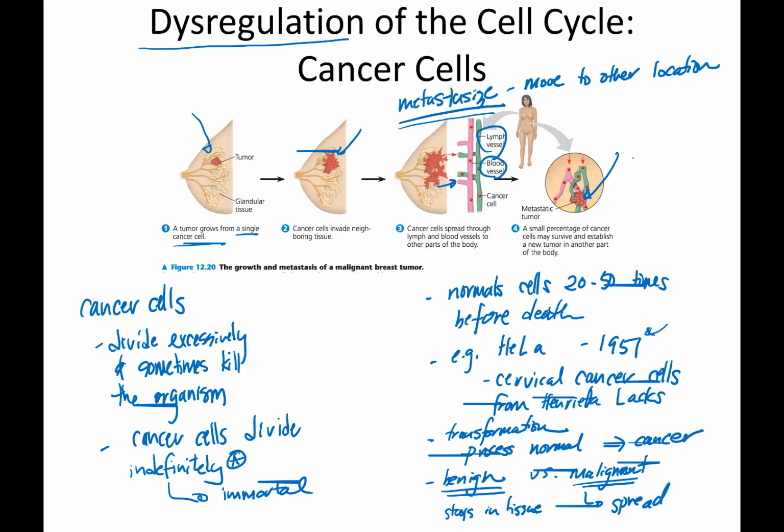And chemotherapeutic drugs, chemotherapy, because cancer cells are cells that have lost their cell cycle regulation, chemotherapy targets the cell cycle. An example of that is Taxol.